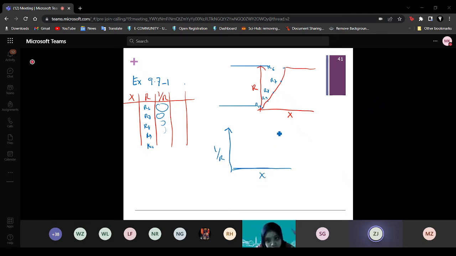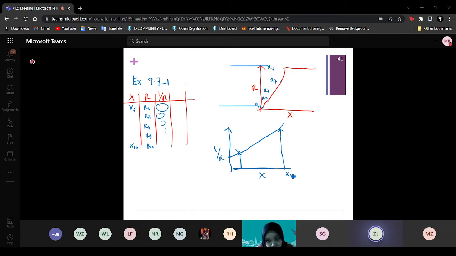So normally you are going to get, this is going to be X6, X10, let's say. So it's going to be something like this. And then you want to find the area here.